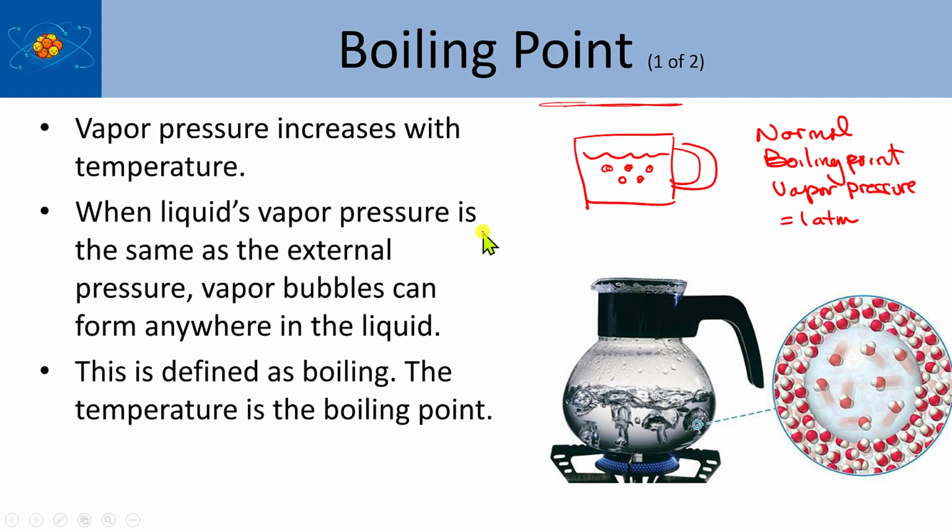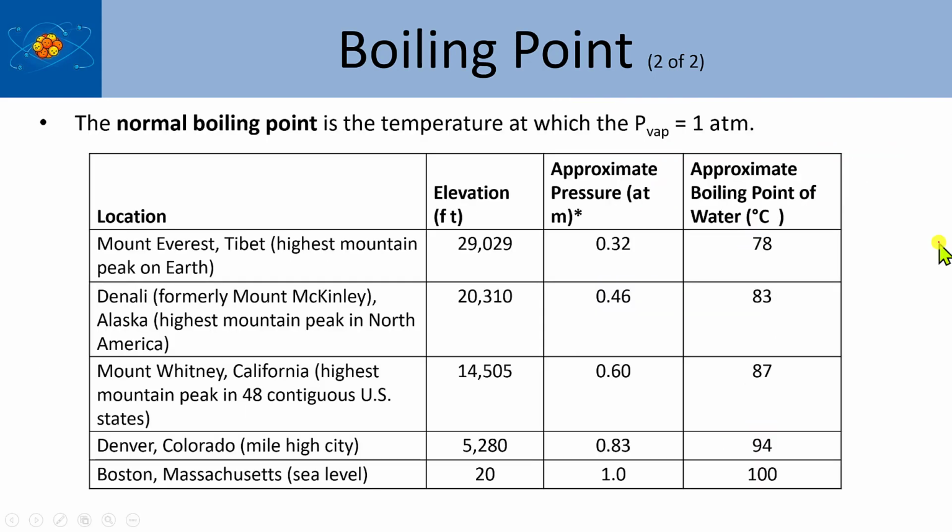Okay, but think about this. If you have your liquid at a place where the atmospheric pressure is less than 1 atmosphere, you can get your water to boil at a lower temperature. In other words, here's an example of some data, right?